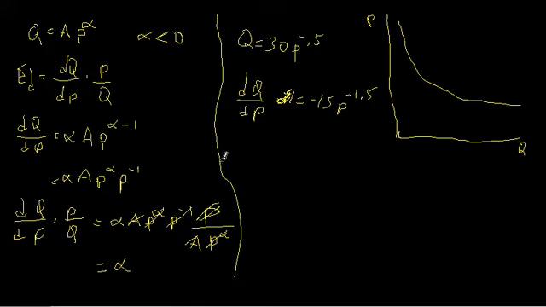And if you operate with this a little bit, probably the easiest thing to do is to write minus 15 P to the minus 1 P to the minus 0.5.